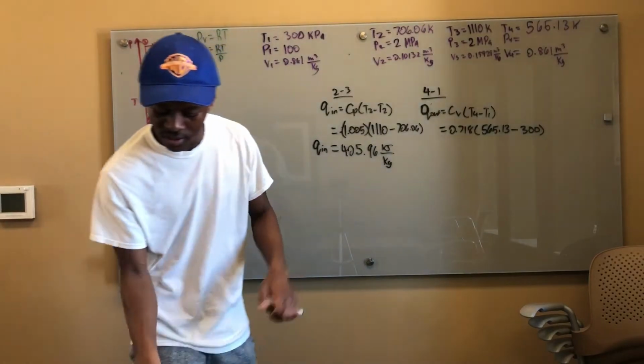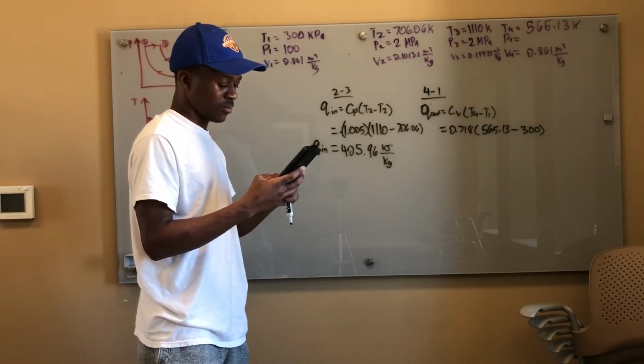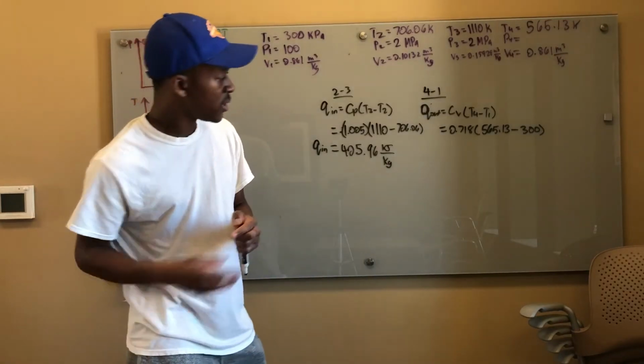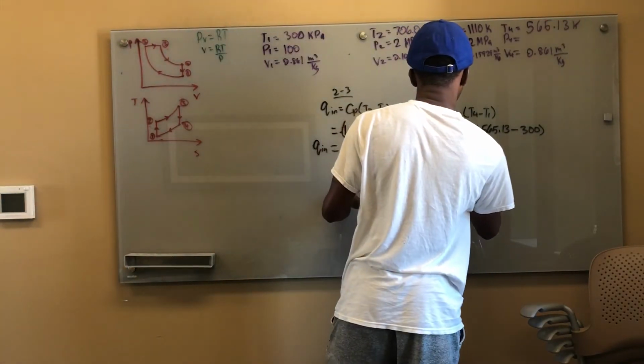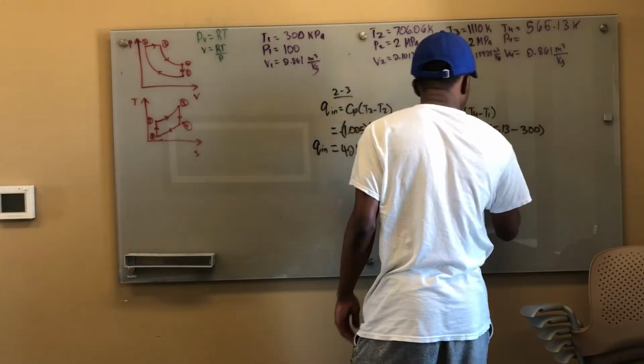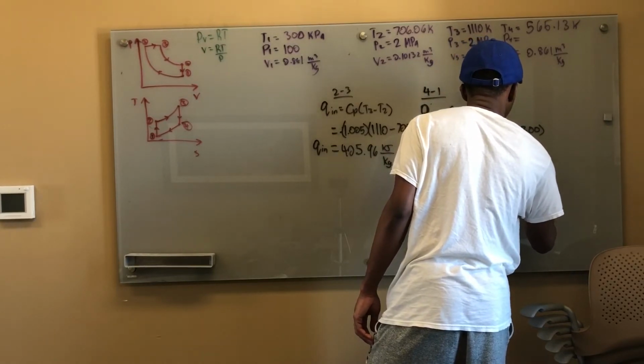This becomes 190.36 kilojoules per kilogram.